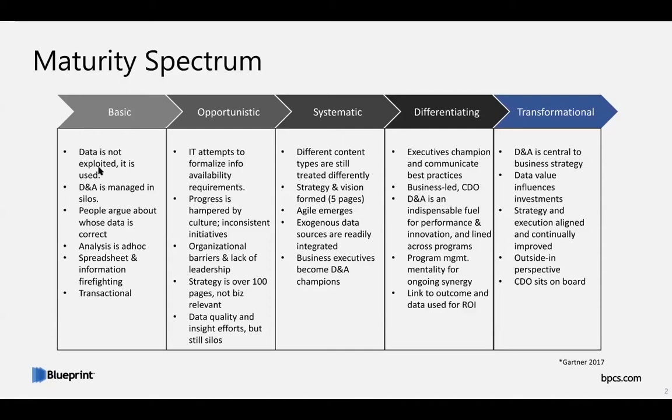When you fully hit transformational, that's where it is core. Everything about data, the analysis of it, data science, the collection of it, the efficiencies gained from it are core to what the business does.